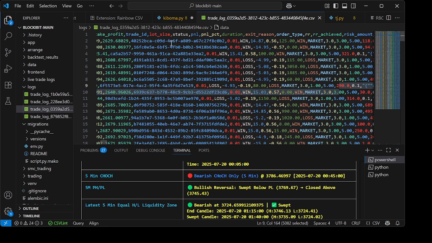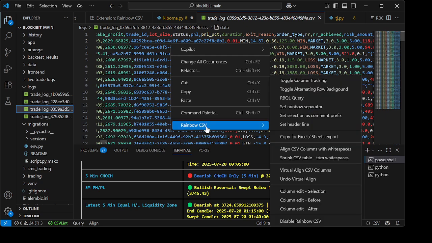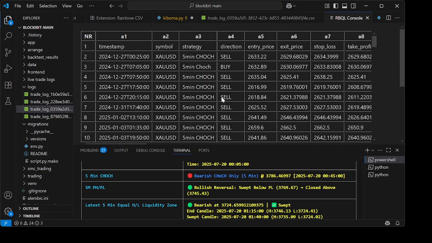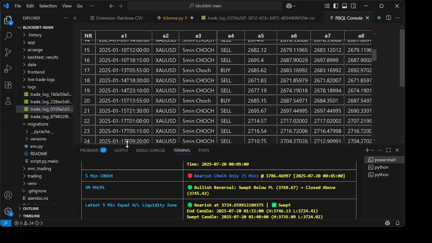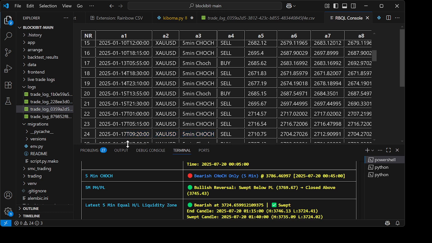Let me just turn this into a table so that it looks pretty good. Here you can see, for example, a winning trade. I just want to choose one.